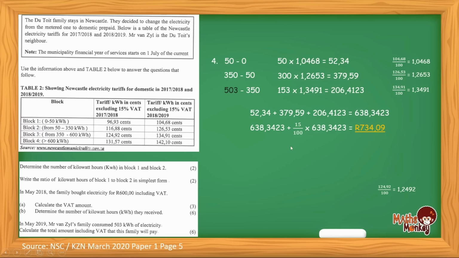So for his 503 kilowatt hours of electricity, we have to pay 734.09. This is a slightly different calculation from the previous question we did, because here they're asking: you have the amount of units, how much is it going to cost, including VAT?